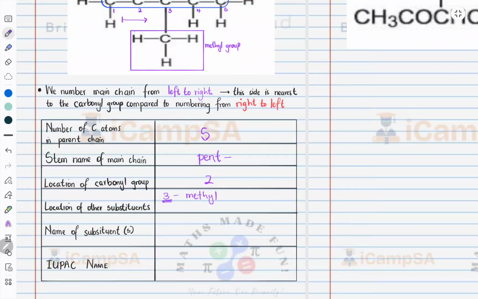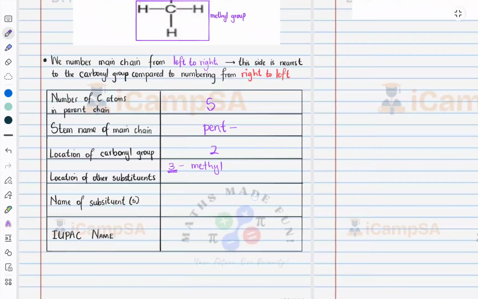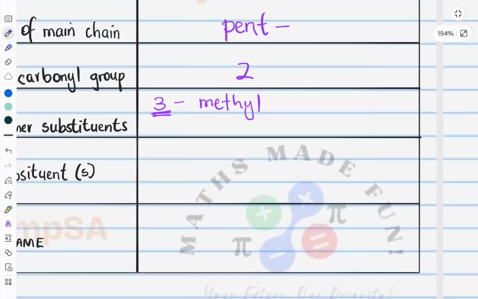I'm just mentioning that it's a methyl group. So if I had more substituents, I would say maybe 3 for chlorine, 3 for bromine, and so on and so forth. So in this case, I'm using 3 for methyl. The name of the substituents, we have the methyl and the carbonyl, and methyl groups.